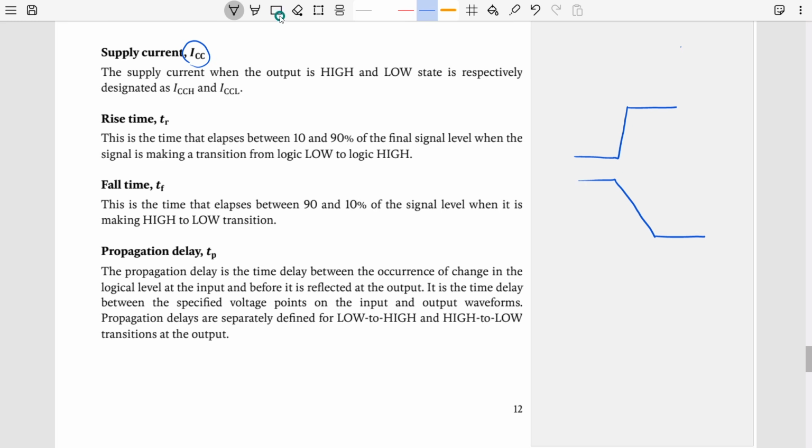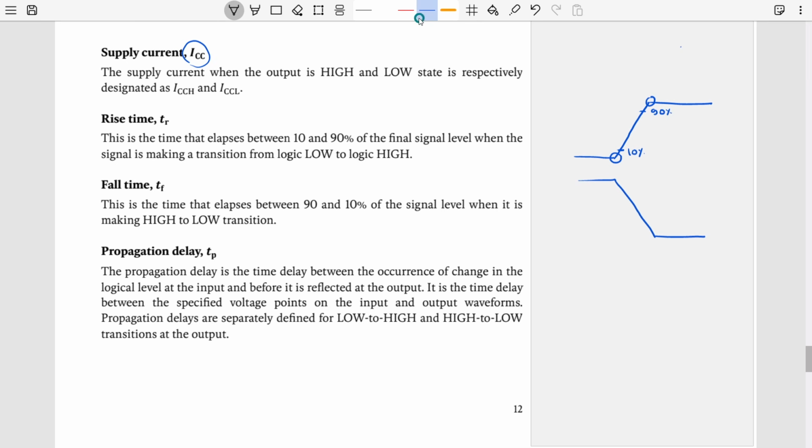Like for this one, I think I should draw it a little bit better than this one. So rise time is whenever a signal is going from low to high, and basically how much time it takes to go from this low to high. To calculate that, we take the point whenever the signal reaches 10%, and also we take another point whenever the signal reaches 90%.